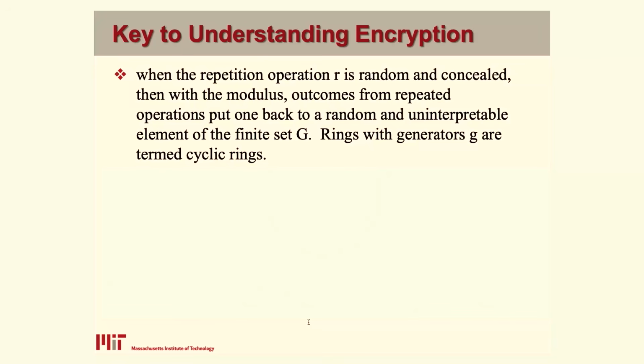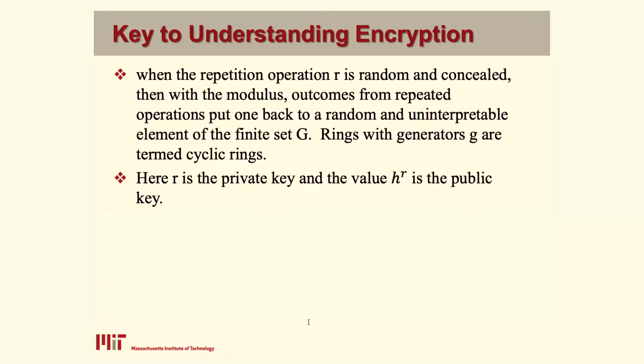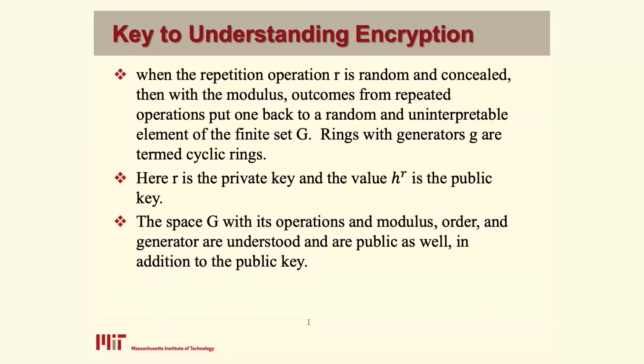And rings with generator G are called cyclic rings. So for notation, R is the private key, and H of R is the public key. So H is known, but R is kept private. Well, sorry, H of R is known, but R is kept private.